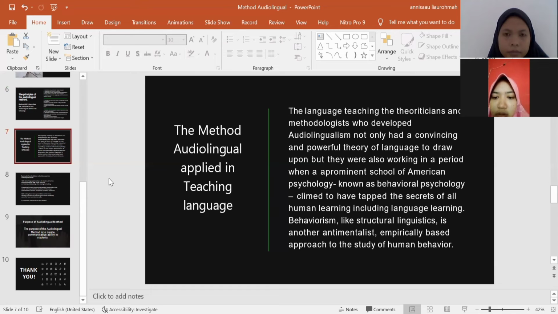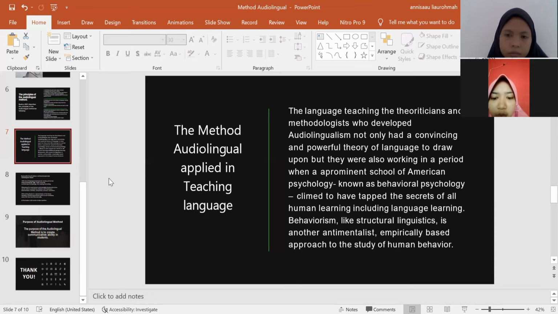The theoreticians and methodologists who developed audiolingualism not only had a convincing and powerful theory of language to draw upon, but they were also working in a period when a prominent school of American psychology, known as behavioral psychology, claimed to have tapped the secrets of all human learning, including language learning.